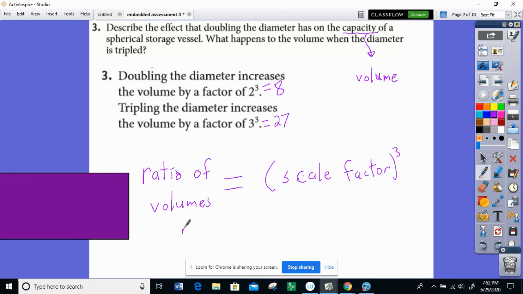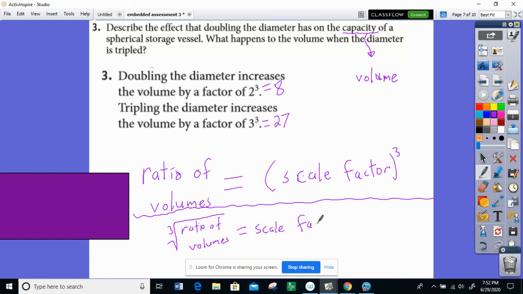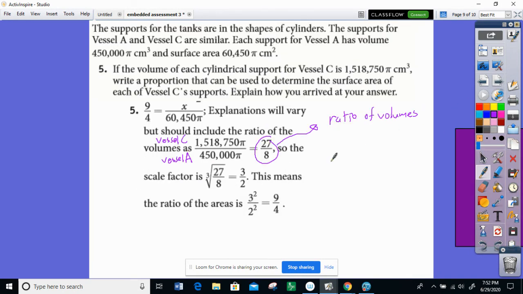So if you know the ratio of the volumes, and you take the cube root of that ratio, that's going to tell you what the scale factor is. So that's all they did right here. They did the cube root of the ratio of the volumes. So this 3/2 gave them their scale factor.